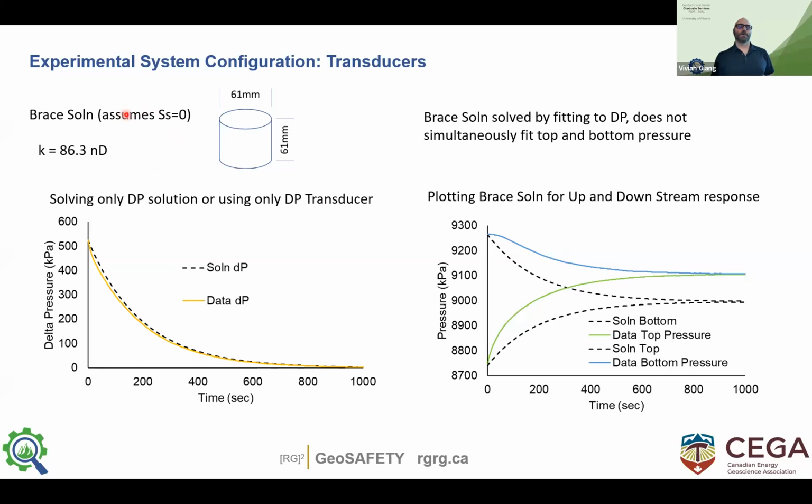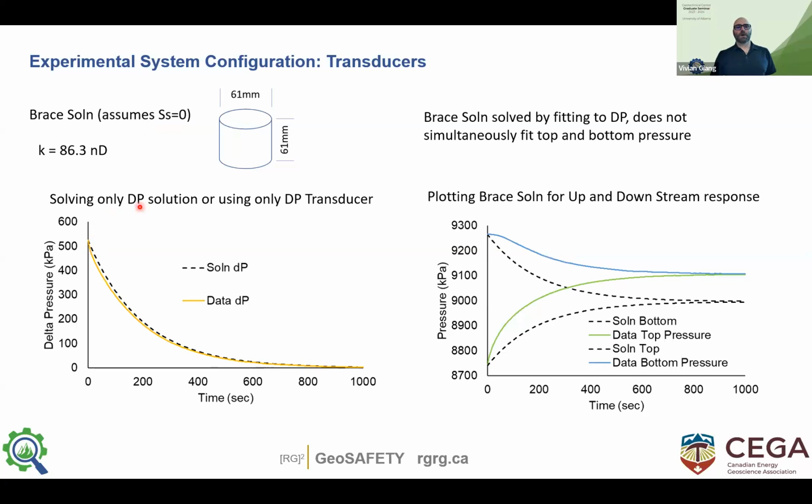So if you're using the Brace solution or any other solution, you can plot the differential pressure and then match your analytical solution, the Brace solution or the Hsieh solution, to your data by error minimization. And then that's your permeability result.